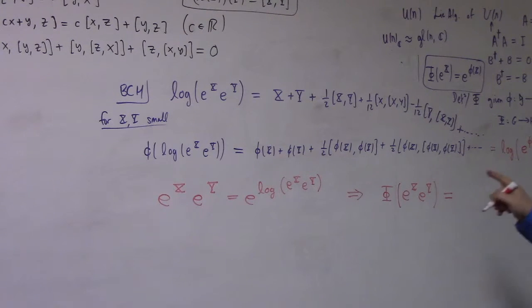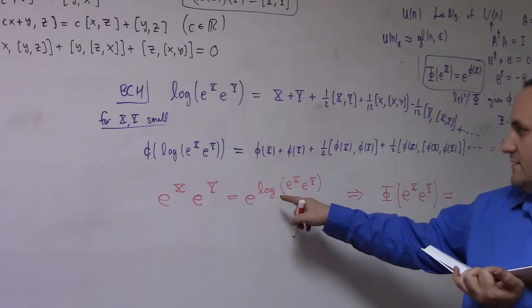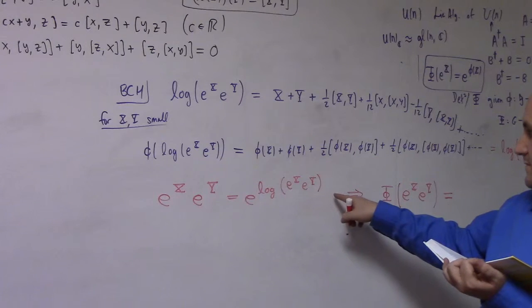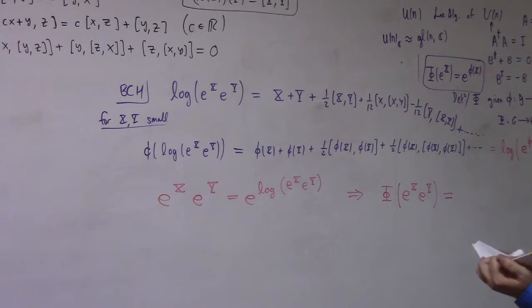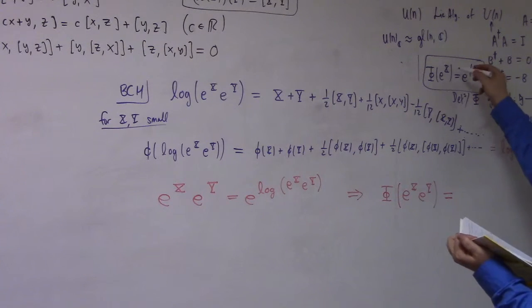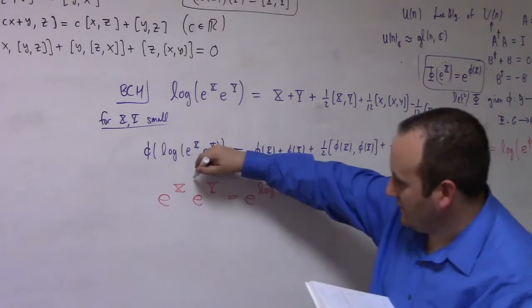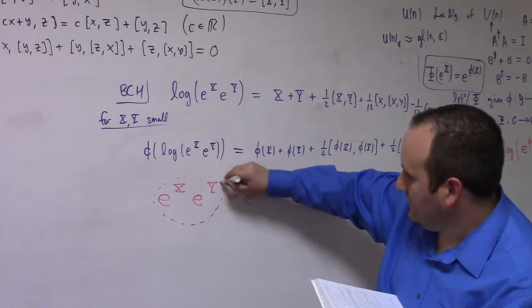So it's equal to e to the log. Right. It's phi of e to the log of that, which is going to be e to the little phi. All right. So first of all, you're sort of thinking of all of this as all of that, right?